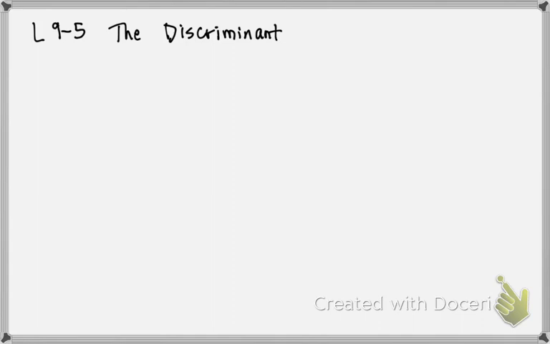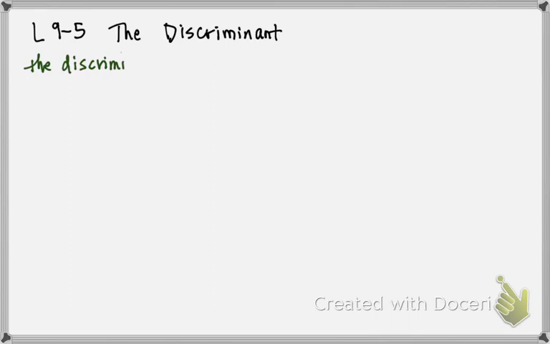Okay. So we talked about the discriminant a couple times. It popped up in some old tests and whatnot. So the discriminant, maybe if I could learn to spell today.